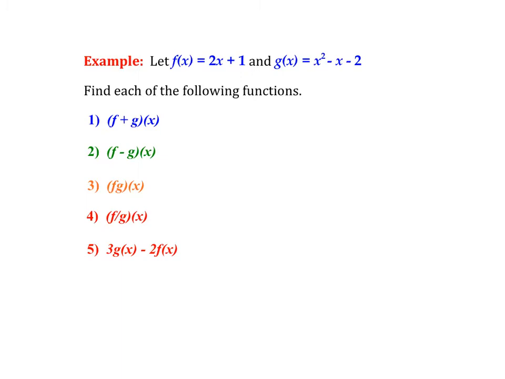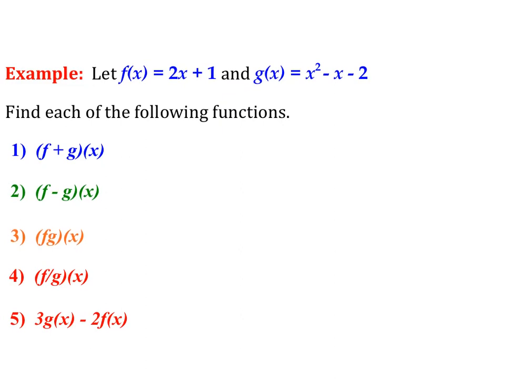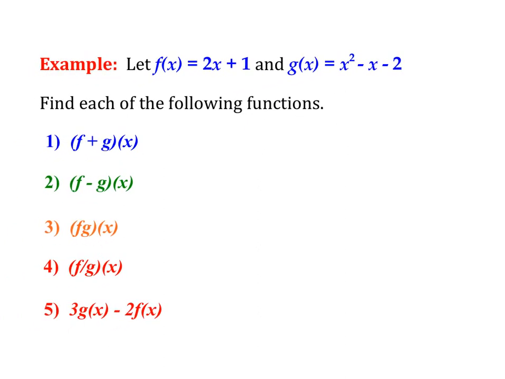Here I've got my f function, which is 2x plus 1. The g function is x squared minus 2x. So the first problem is saying, let's add these two things together. All right, well, if I do that, I'm just literally going to take my two functions and add them together.